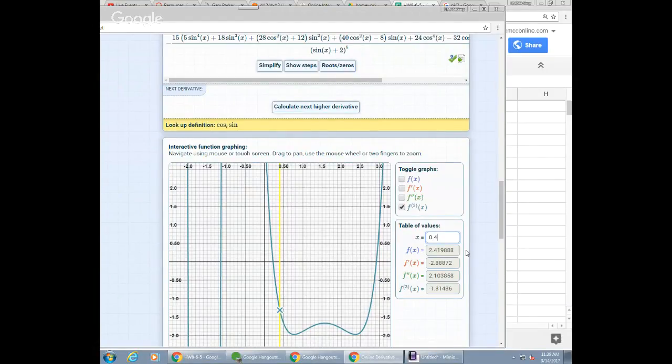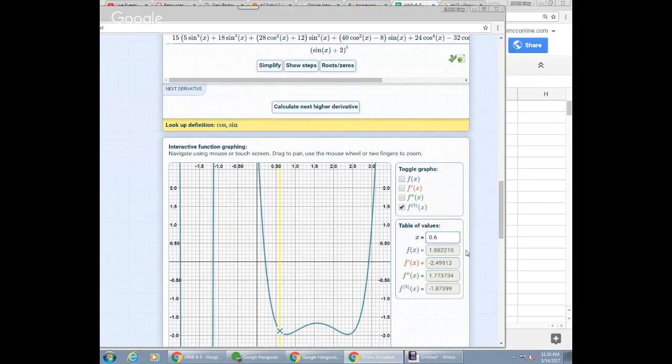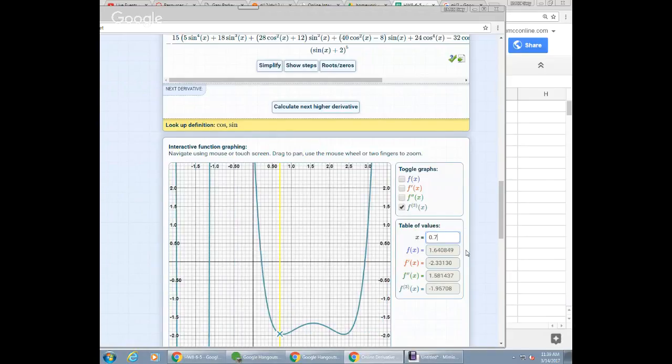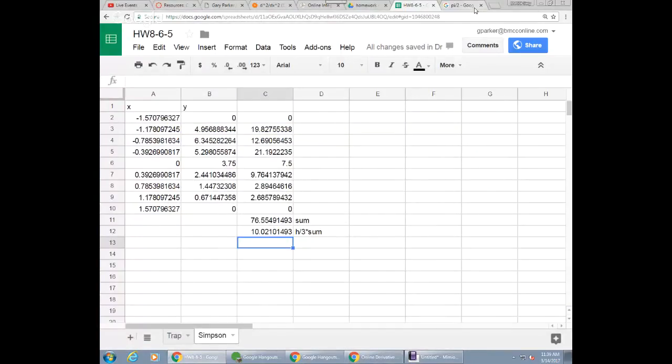Okay. So maybe it is pi over 2, 0.7-ish. Yeah, so it's probably at pi over 4 is where we have our lowest value, which appears to be around 2. No, around 1.5. So let's go with that. All right, that was crazy.